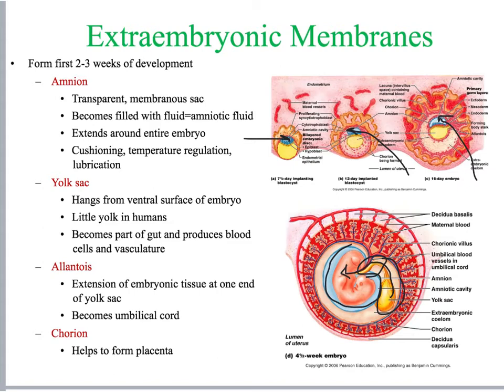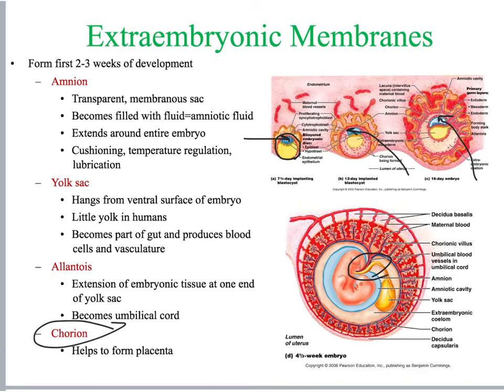You can also see, hanging off the ventral surface of that developing embryo, this sort of stem-like structure, and this is an extension of embryonic tissue at one end of the yolk sac, and this becomes the umbilical cord, which will contain the umbilical artery and vein. We have already talked about how the trophoblast, that outer ring of cells on a blastula, eventually becomes the chorion.